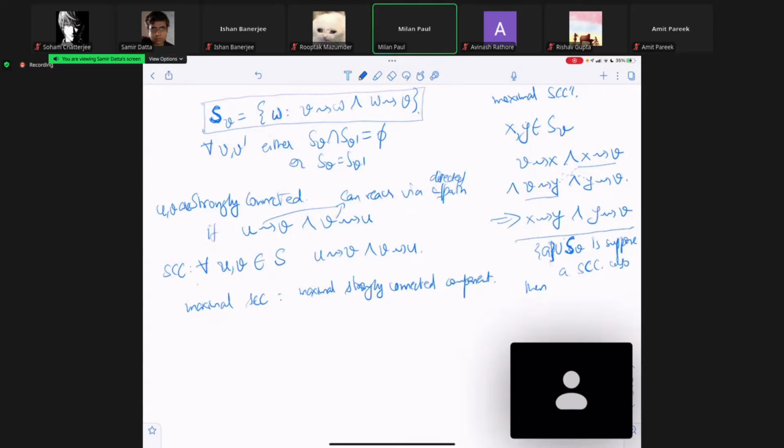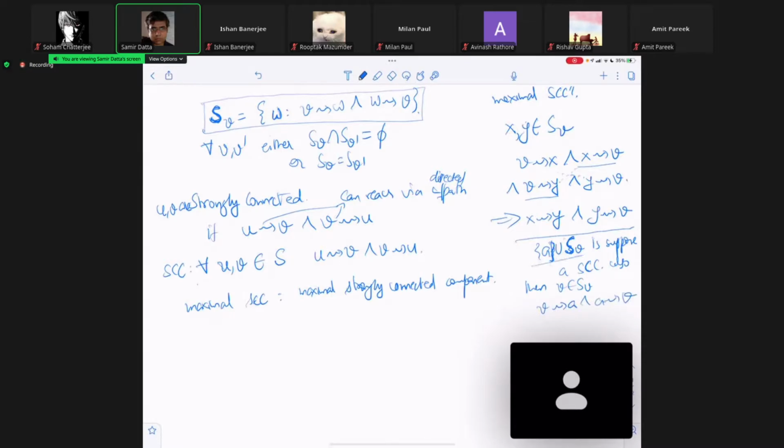So if it is an SCC, we know that V belongs to SV, and from the definition of strongly connected component, we know that there is a path from V to A and A to V. Correct?